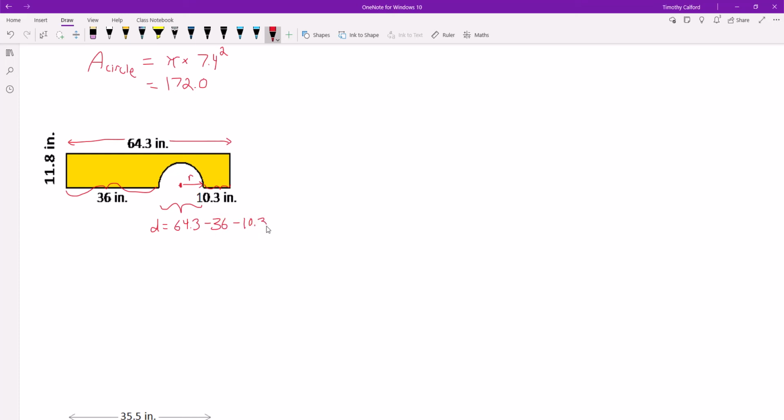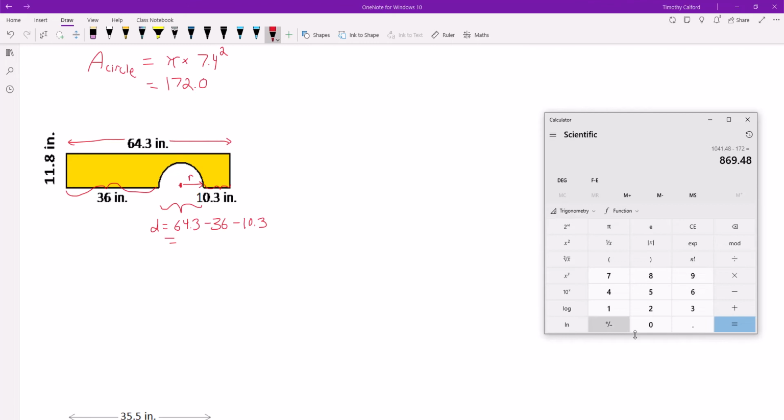And that would leave us just with the distance across the semicircle. So we could take 64.3 minus 36 minus 10.3, we get 18.